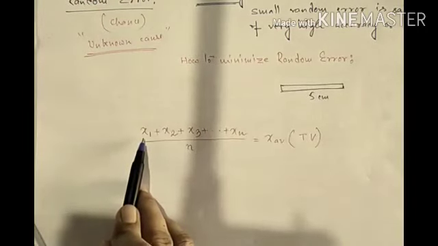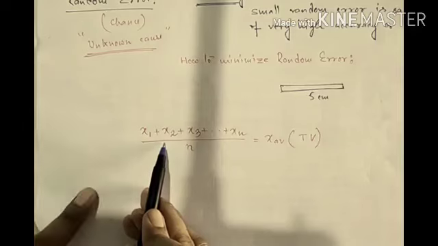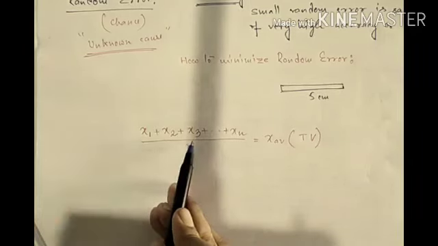Here you just concentrate here. X1 is the result that I have obtained when I first measured the length of the pen. That means it is the result in measurement 1. X2 is the result which I obtained when I measured the length of the object the second time. X3 is the result that I obtained the third time.